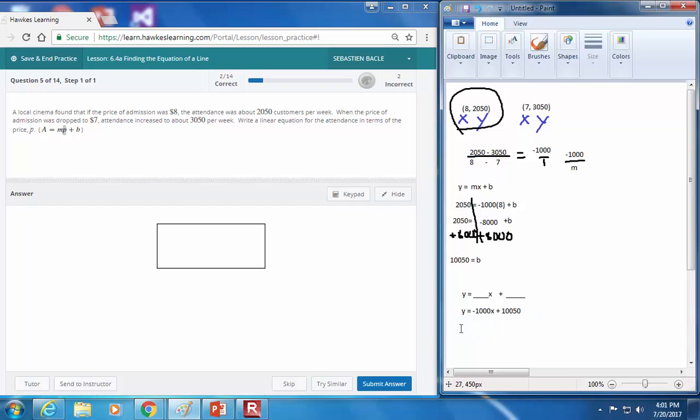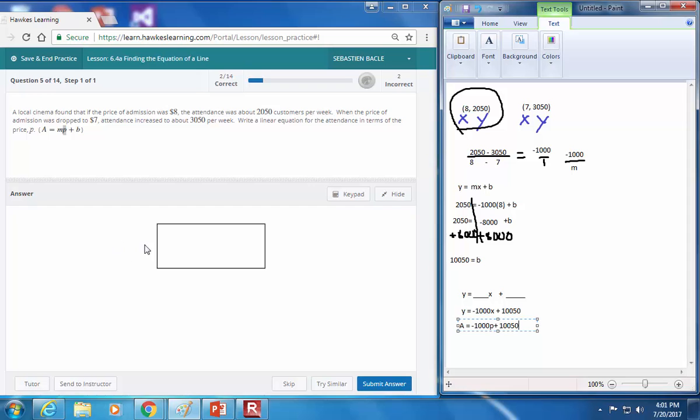That's okay. It's easy enough to just change the letters at the end. So instead of y, I'm going to use a, and instead of x, I'm going to use p. So a equals negative 1,000 p plus 10,050. And that should be the final answer there.